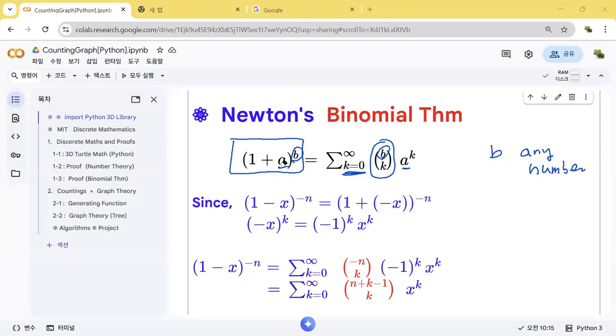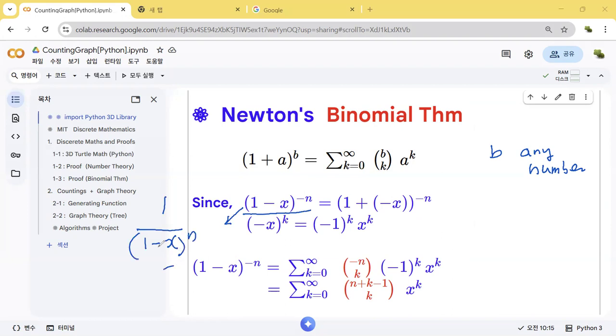So by applying this formula, we can say that 1 over (1 minus x) to the n, using the minus sign, is (1 minus x) to the minus n.